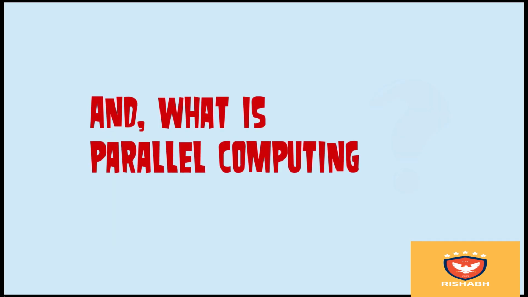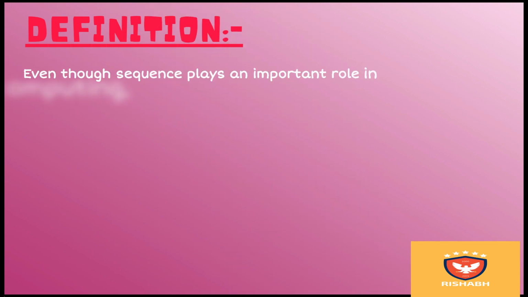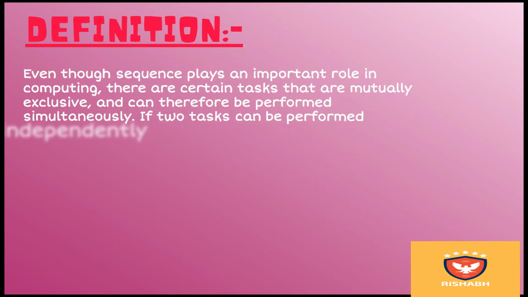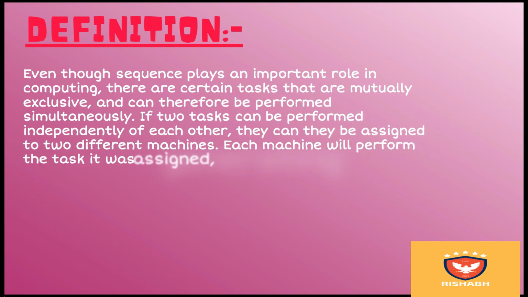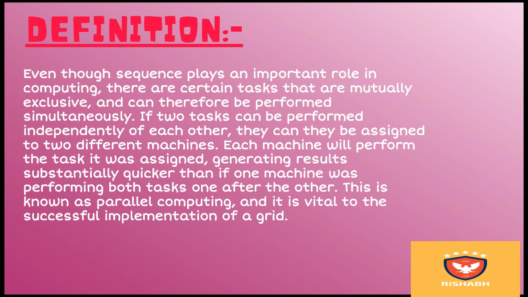And what is parallel computing? By definition, even though sequence plays an important role in computing, there are certain tasks that are mutually exclusive and can therefore be performed simultaneously. If 2 tasks can be performed independently of each other, they can be assigned to 2 different machines.